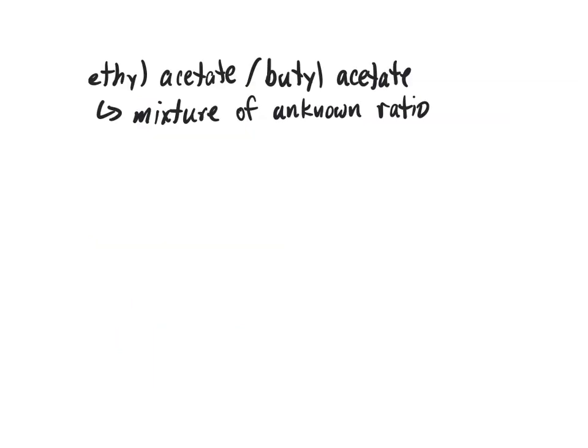We're going to start with a mixture of ethyl acetate and butyl acetate, and in this mixture we don't know the ratio of the two. And so what we're going to do is plot the temperature that we read at the top of our distilling head versus the volume of distillate collected.